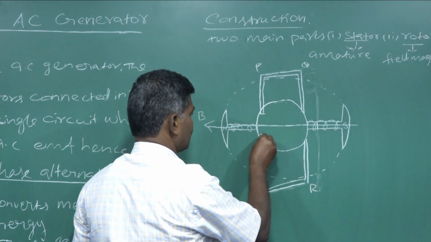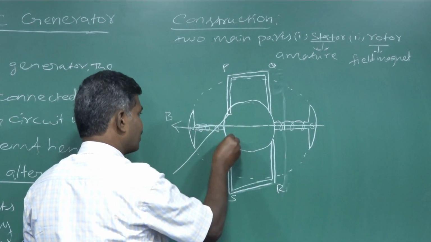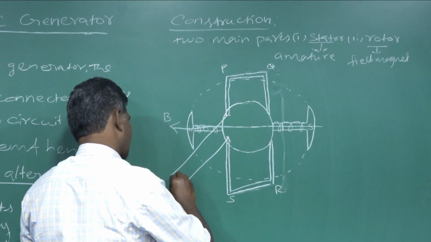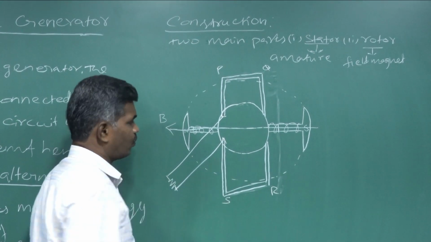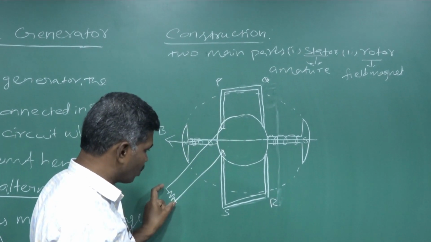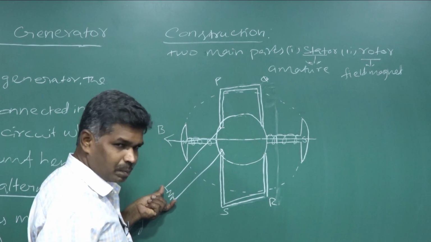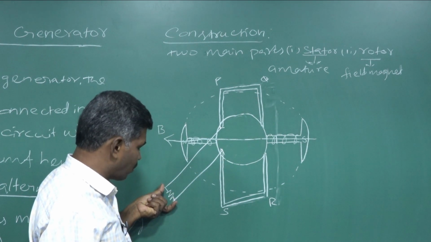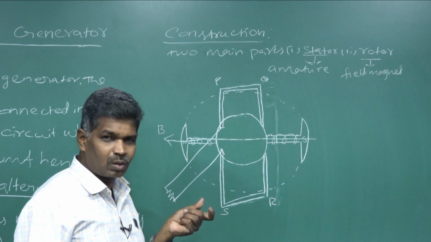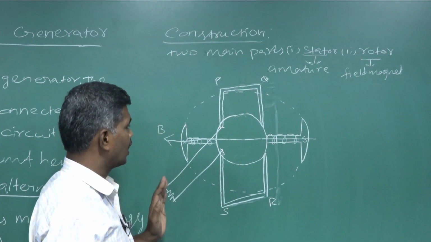That's why at the end of this loop we connect a resistor to develop the induced EMF. The resistor is connected across the ends of the armature. At the time of functioning of that generator, EMF is developed, and that developed EMF is taken out to generate electric current. Anyhow, this is the diagram.